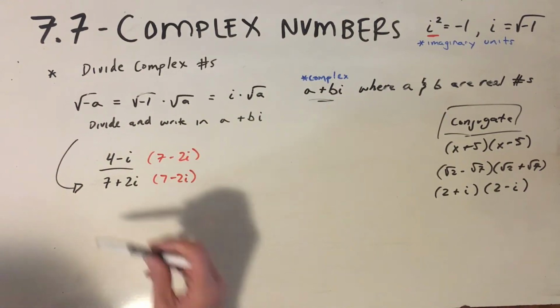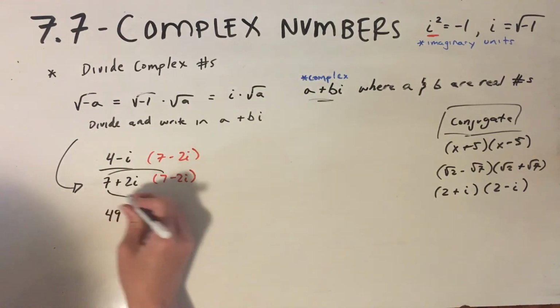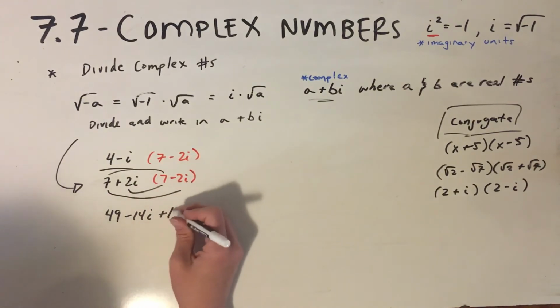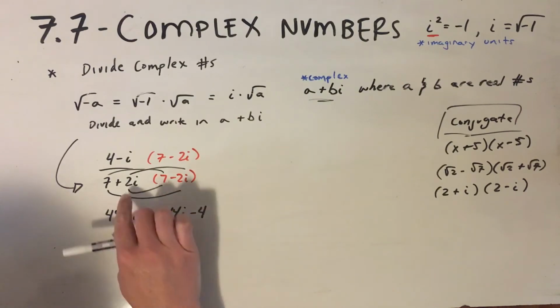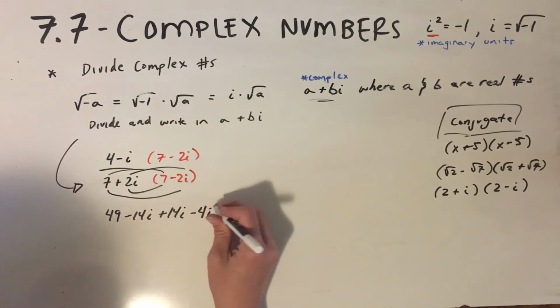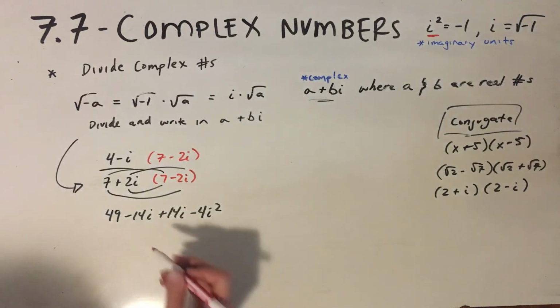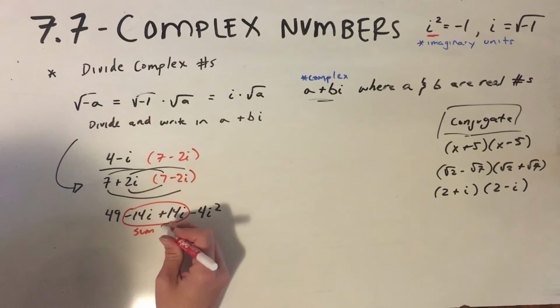So when I FOIL this, I'm going to get 7 times 7 is 49, a minus 14i, and a plus 14i, and a minus 4. 2 times 2 is 4. i times i is i squared. Again, just for pure repetition, these middle terms sum to 0.